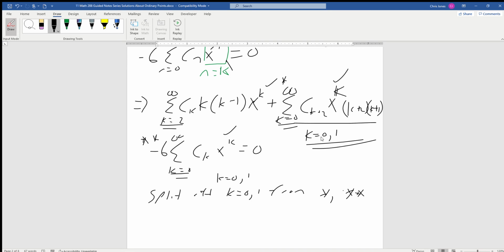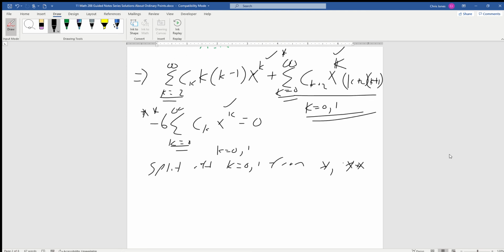If I plug in 0, that's c sub 2 x to the 0 times 2 times 1, plus, if I plug in 1, and that should be c sub 2, not c sub naught, sorry, plus c sub 3 when we plug in 1, x to the first power times 3 times 2.